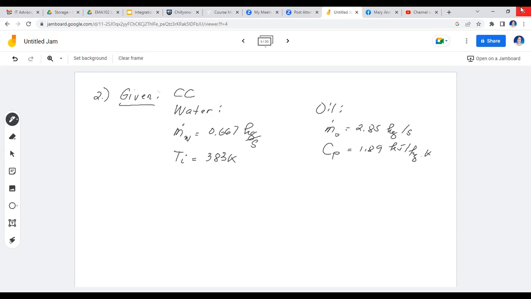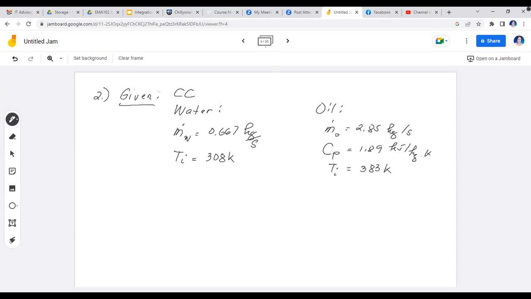Okay. By the way, our water's inlet temperature is not 383. This is 308 only. So 308 Kelvin. For the oil, its inlet temperature is 383.